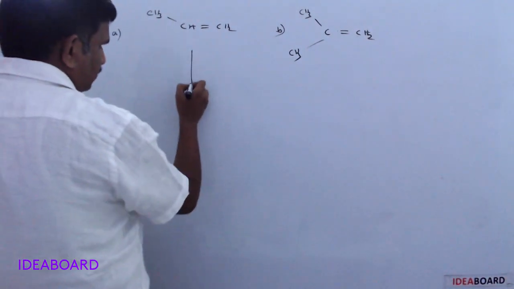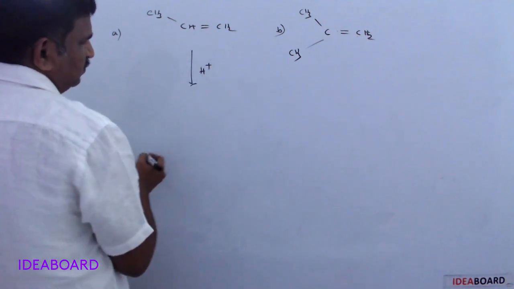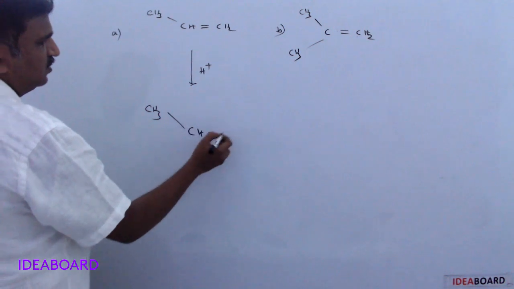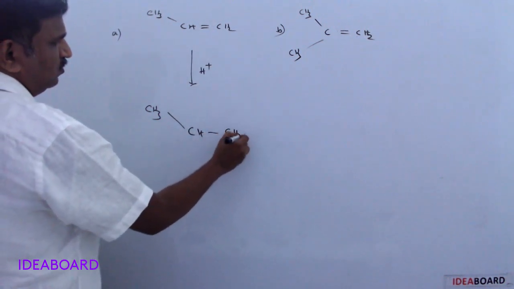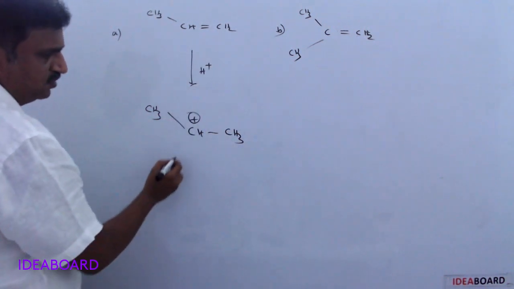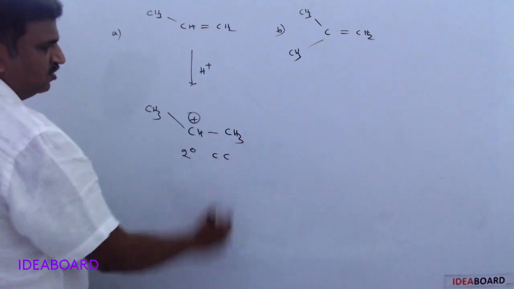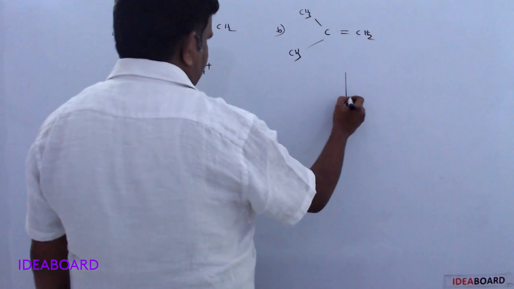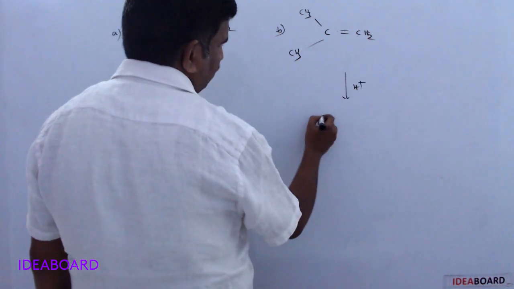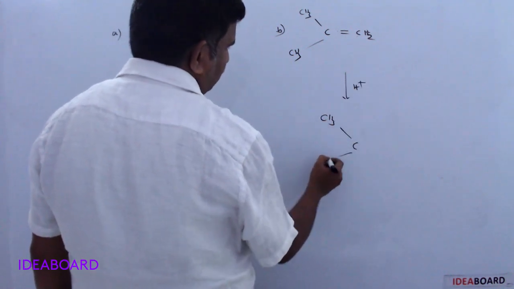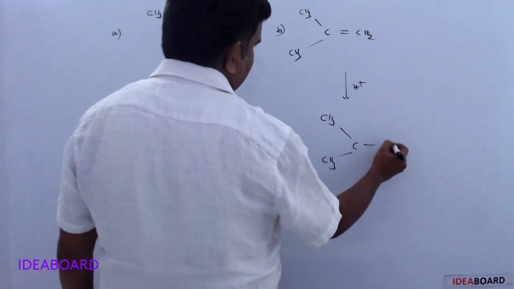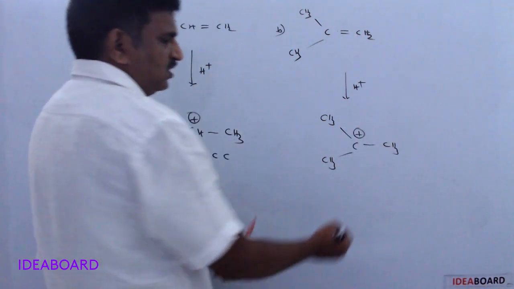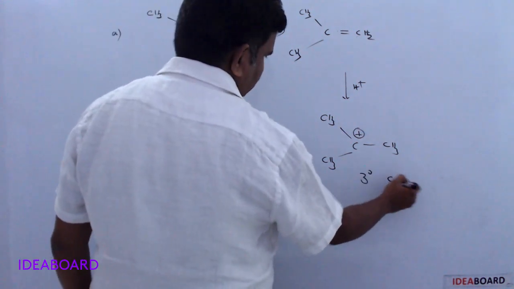Suppose first we add H+ to this. According to Markovnikov addition, H+ is added on this carbon, so you get CH3 and a secondary carbocation. Suppose we add the H+ to this other one, then the carbocation formed has CH3 and plus, so this is a tertiary carbocation.